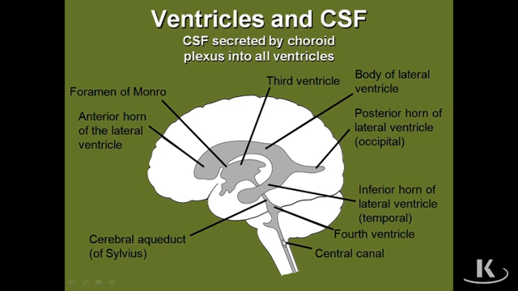Then extending down below the fourth ventricle is the central canal, which basically is found in the caudal medulla, as well as extends down the length of the spinal cord. Next point we want to make is that in parts of all of the ventricles, both the lateral ventricle, the third ventricle, and the fourth ventricle, are sites where we have choroid plexus.